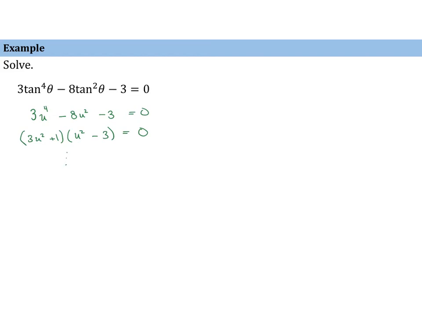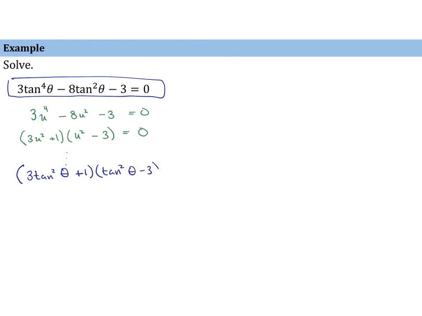But let's go ahead and return to our tangent function. So, how will we factor the left-hand side of this equation? It'll be very similar. So, instead of u, we will write tangent of theta. So we have 3 tangent squared of theta plus 1 and tangent squared of theta minus 3.